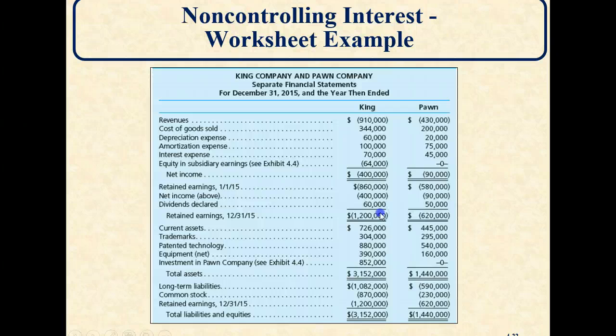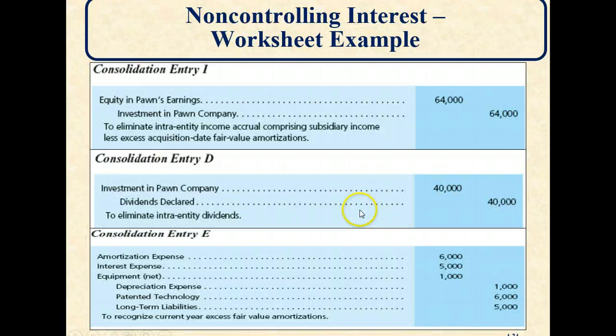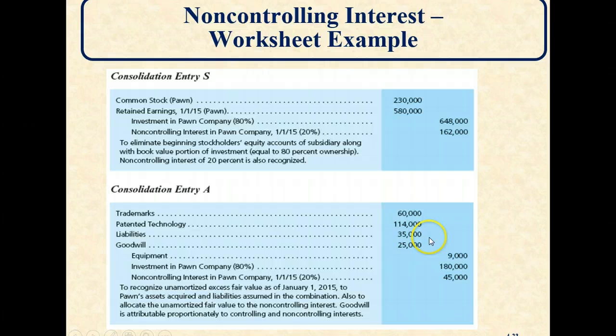So in this example, what we could have done is shown the journal entry for 100% of it, and then the next journal entry applied the excess amortization. They're doing this in one step here. The goodwill cannot be amortized, and the trademarks cannot be amortized. The patented technology, the allocation of excess over book value was 120, but we're taking our annual amortization here of 6 against that.